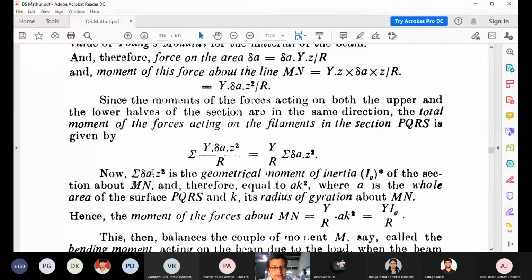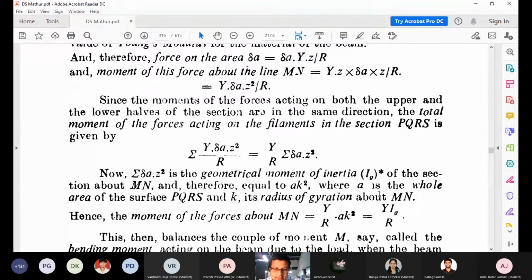Remember, this has a similar terminology to moment of inertia, but here it is that Ig, the geometrical moment of inertia, which is coming over here. I will tell you in detail how this Ig is calculated.